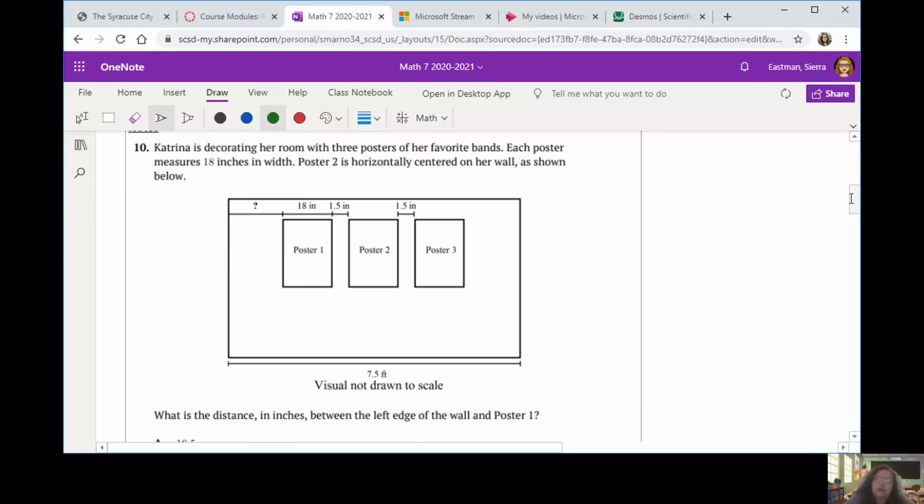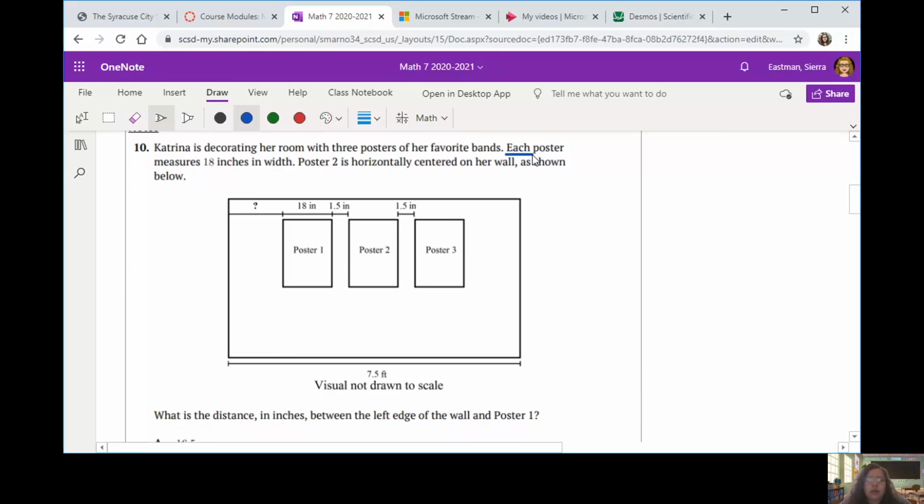This one's really super interesting because it gives us a big diagram. They say that Katrina is decorating her room with 3 posters of her favorite bands. So pretend this is your room. What bands would you have up there? 3 posters that we can see look to be about the same size. Then they tell us that they are the same size.